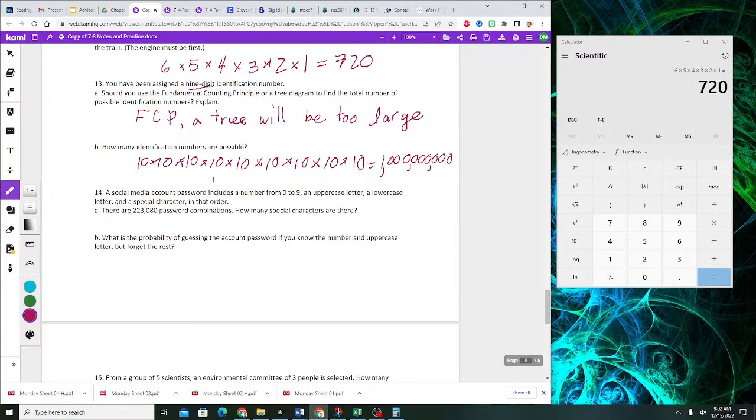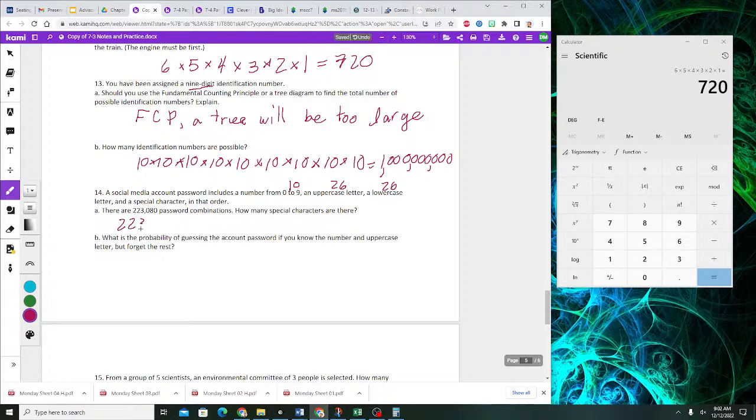A social media account password includes a number from 0 to 9, an uppercase letter and a lowercase letter, and a special character in that order. There are 223,080 possible password combinations. How many special characters are there? Okay, so 0 to 9, that's 10 numbers. Uppercase letters, that's 26 letters. Lowercase letters, there's 26. So we're going to work backwards.